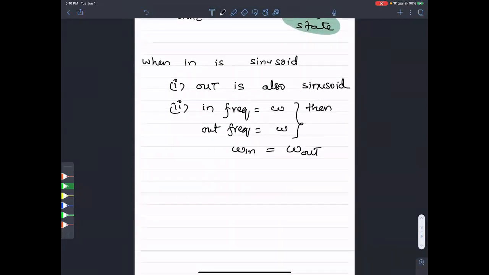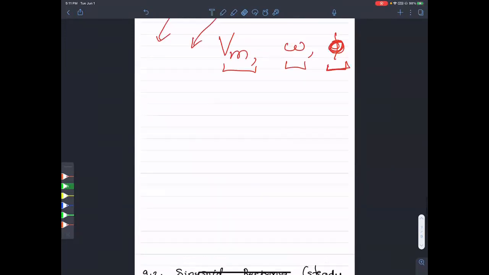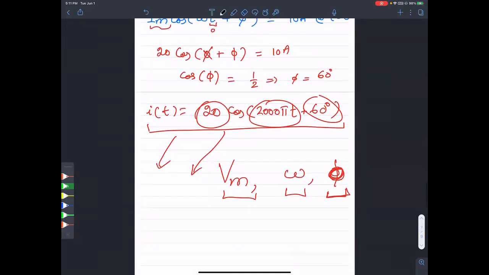The third characteristic that I'm interested in is that the amplitude of the input wave is almost always not the same as the amplitude of the output wave. Let's call this simply A. Sometimes we call this A, sometimes we call this Vm.